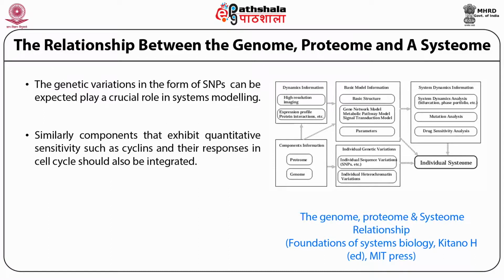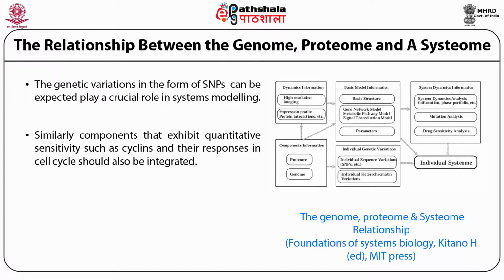So from the genome data it's possible to obtain the SNP variations, and its corresponding influence on the systems should also be analyzed and identified. Similarly, quantitative information of proteins like cyclins and their effect on the system, that information should also be integrated.